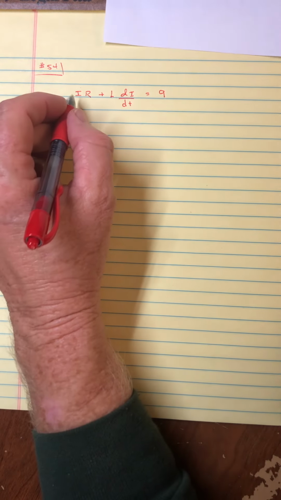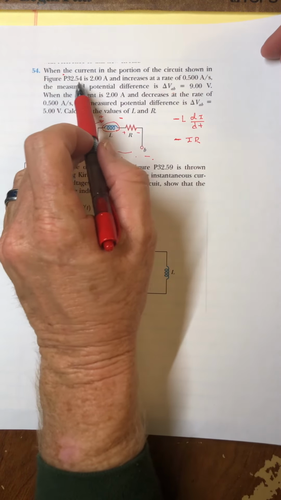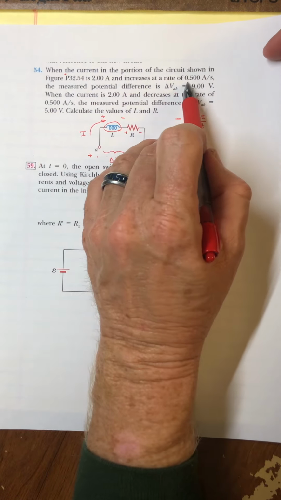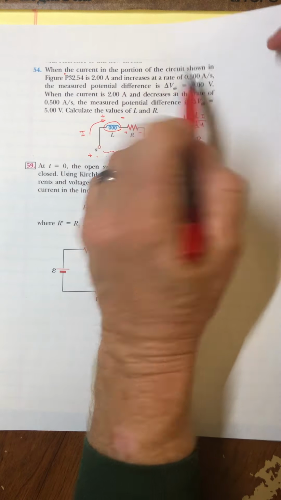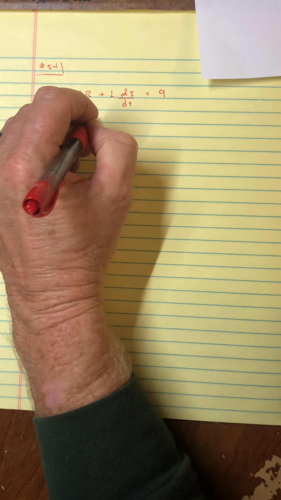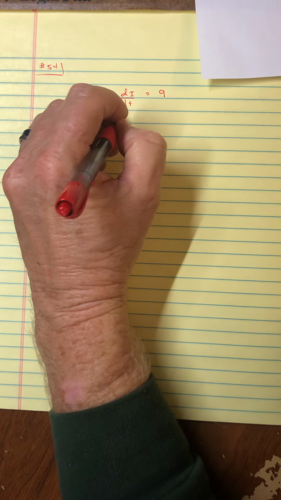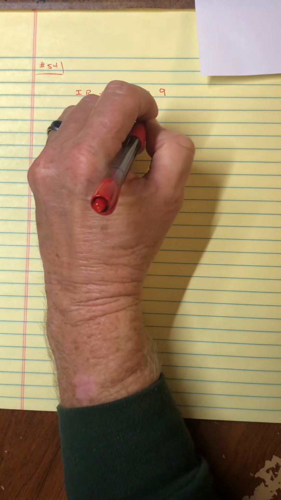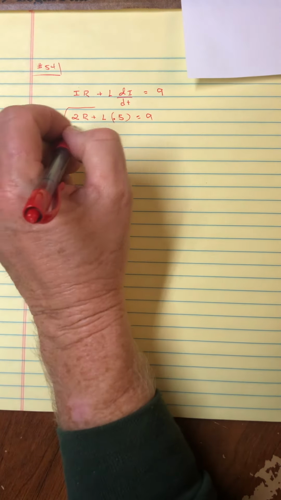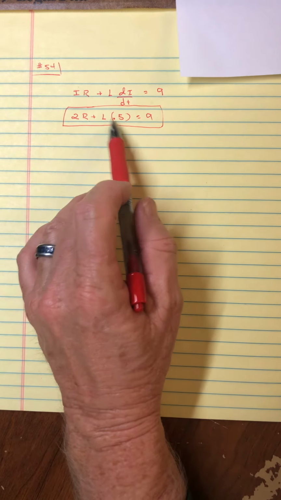And they actually give me the current of 2 here. Let me just read it carefully here. Is 2 amps and increasing at a rate of 0.5. Okay, so this would be 2R, and then this would be L times 0.5, and that has to equal 9. So that would be my first equation of information, and of course there's 2 unknowns here, R and L.